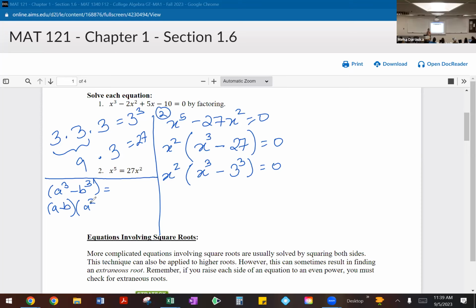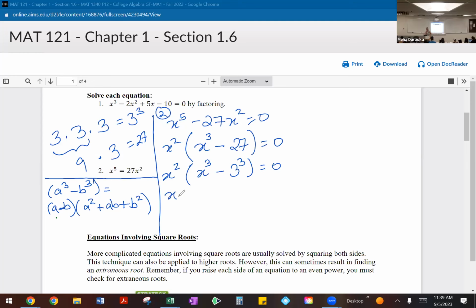A times B, plus. Very nice. So it will break down into A minus B times A squared plus AB plus B squared. And of course, if you wanted to verify that, you could multiply it out to check it, but you get the idea.